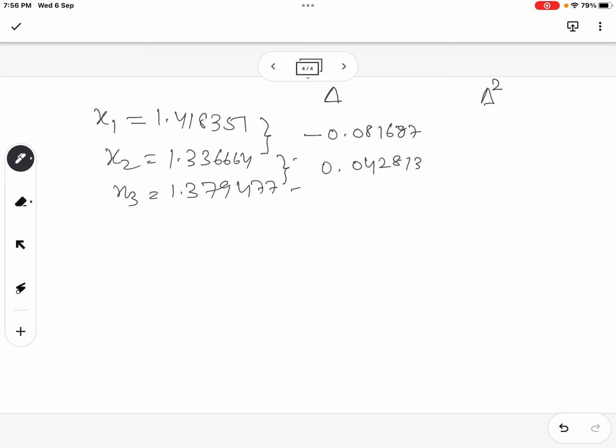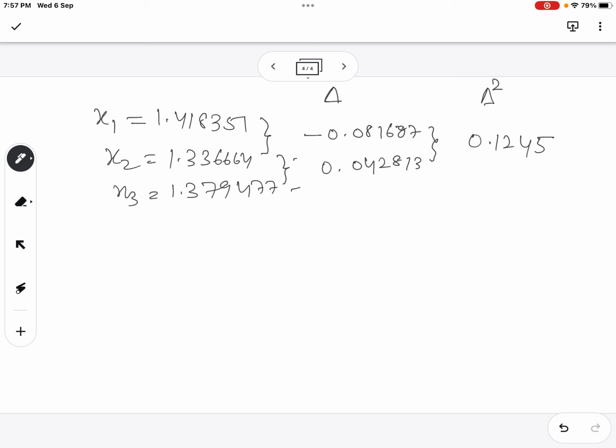Now next we have to find the difference of differences, that is the difference of these two values. So 0.042813 plus 0.081687, that is 0.1245.